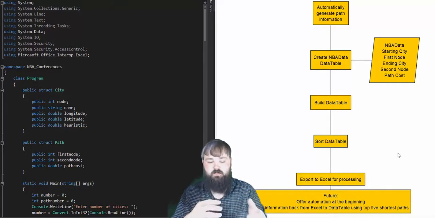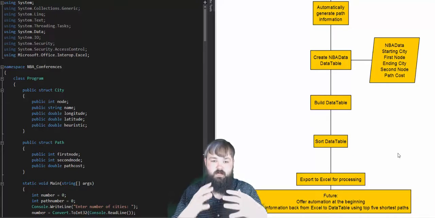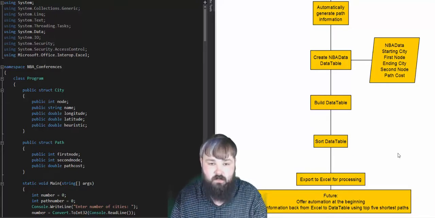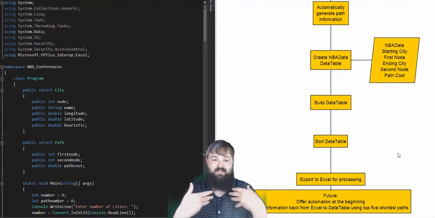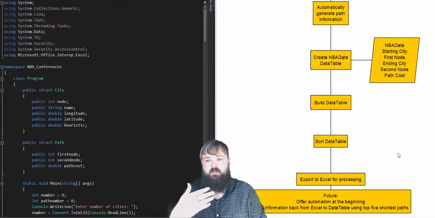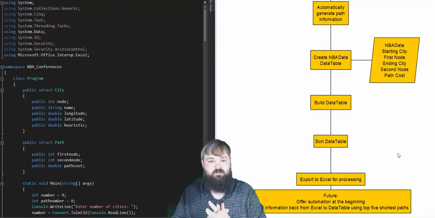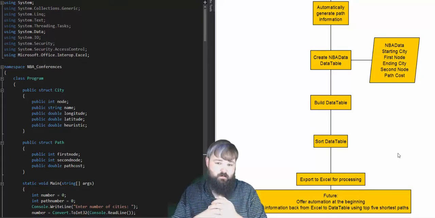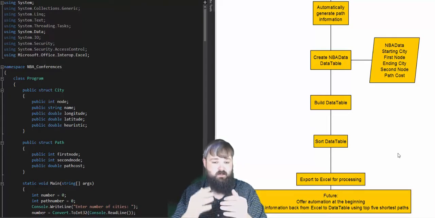And then another thing we can do is we can take the information that we're about to extract to Excel, and then we can pull it back in and then sort it into a data table. So this is kind of an incremental step, as I could have just done giant steps at a time with this project, but I really wanted to outline exactly what I'm doing, and I'm hoping that can help at least one person with their coding. So I know I had a lot of trouble figuring out how to do this Excel spreadsheet, so if this can help one person, I know I'm feeling pretty good about that.